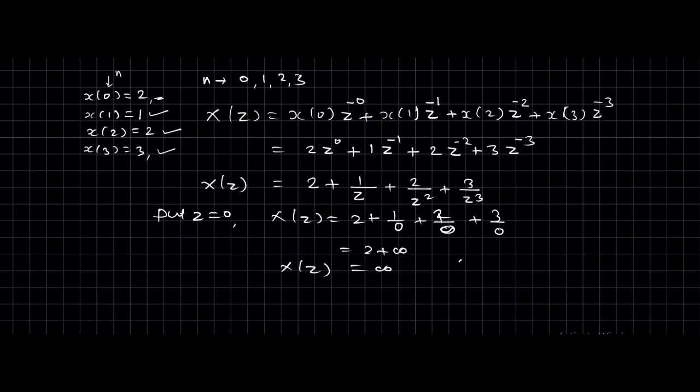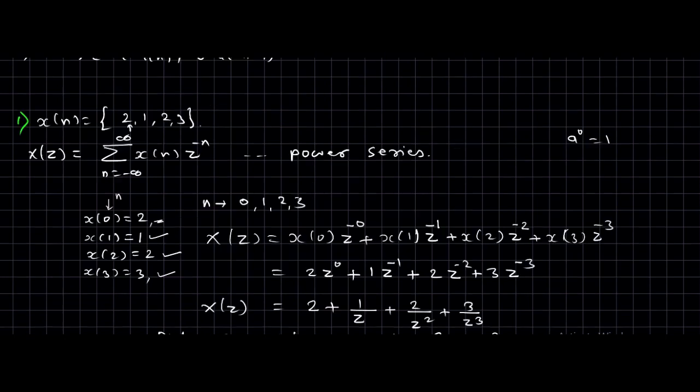So X of z goes to infinity at z equal to 0. If the magnitude of z is 0, it means X of z is going to infinity. So this X of z does not exist for z equal to 0. Except z equal to 0, if you put any value here, you will get a finite answer. If you take 1, it's 2 plus 1 over 1, and so on, you will get some finite value. Okay. So let us locate this region of convergence.